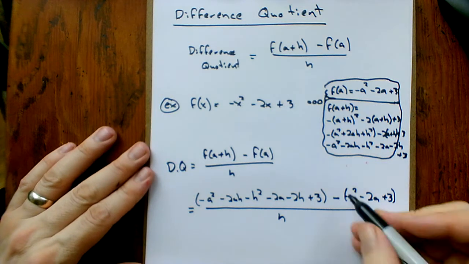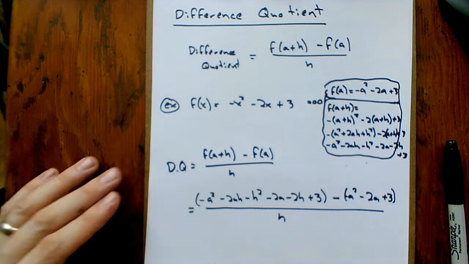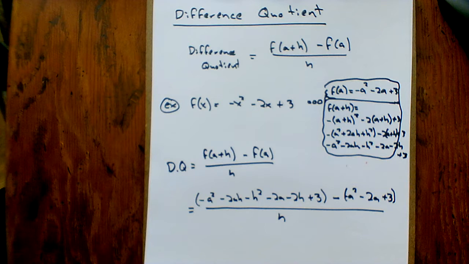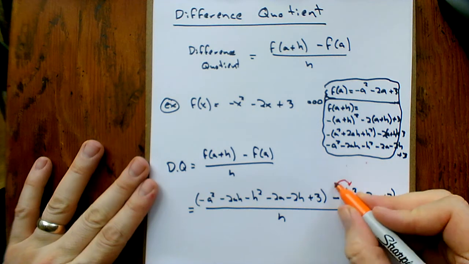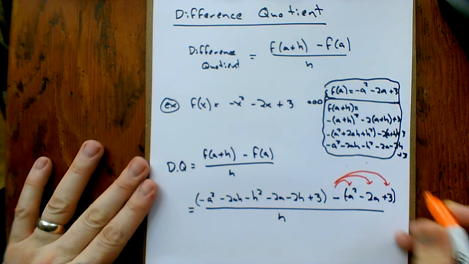Well, let's simplify. When I simplify this, I'm going to need to distribute this negative in here, so all of these signs are going to change.